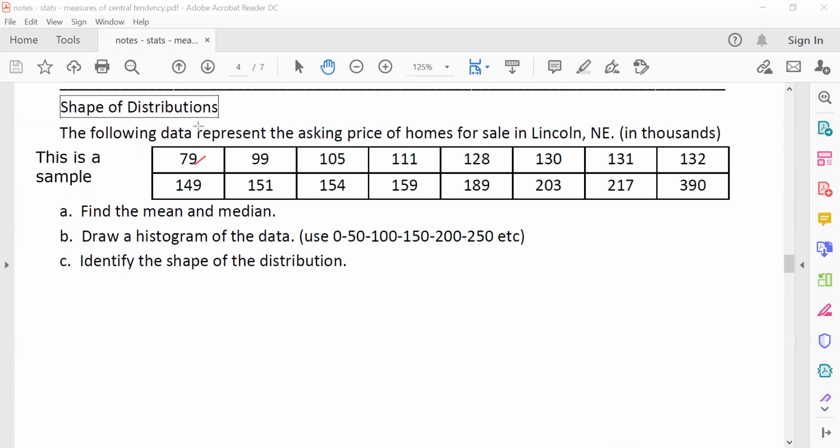That just means we do our cross-out method, and we're left with these two in the middle, the 132 and the 149. So we'll just do 132 plus 149, divided by 2.